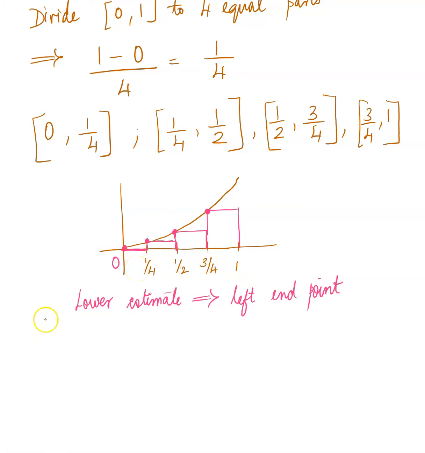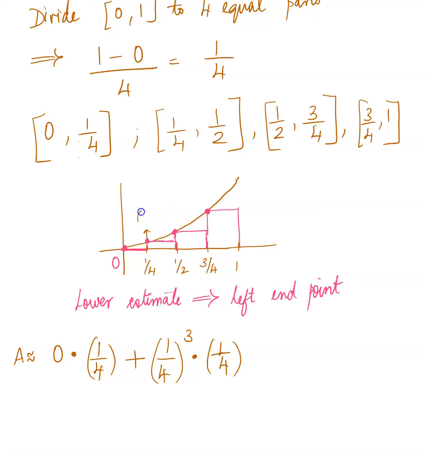and so for the area I want to correspond it up here to these boxes. So area is approximately 0 times the width, which is 1 over 4, plus the height is 1 over 4, the whole cubed, times 1 over 4.